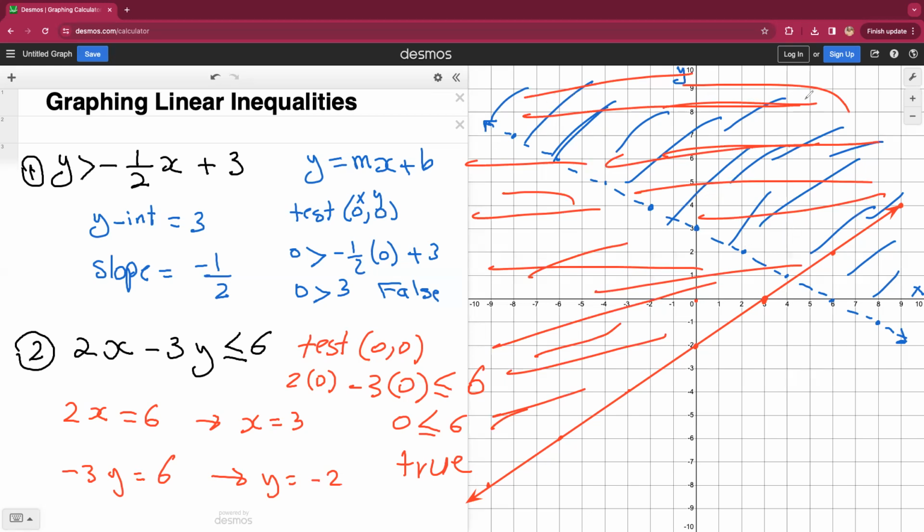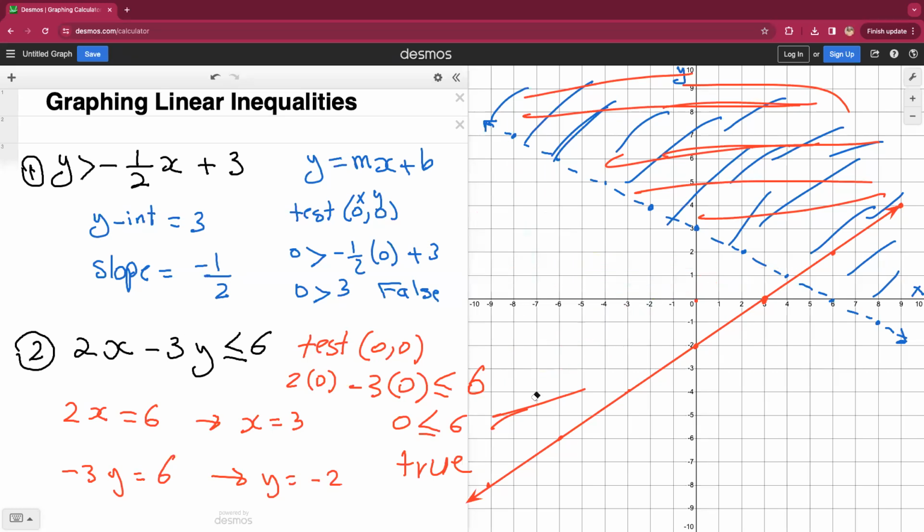So you look at this area right here, we're shading on both graphs. So to find the area that satisfies both of them, all I need to do is just get rid of this, and get rid of this. So the area that satisfies both of these is going to be all of this area right here.